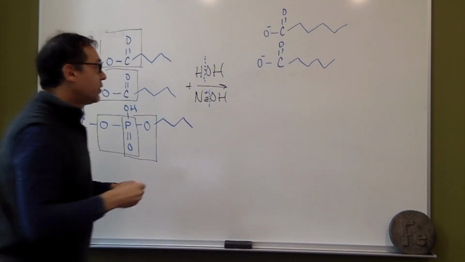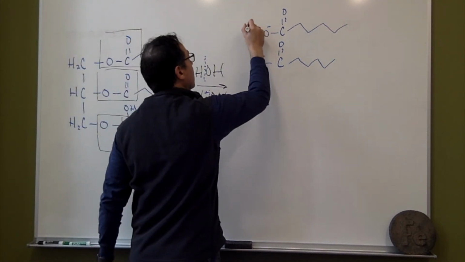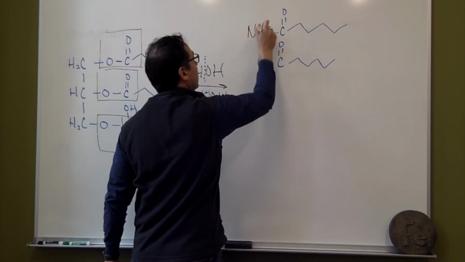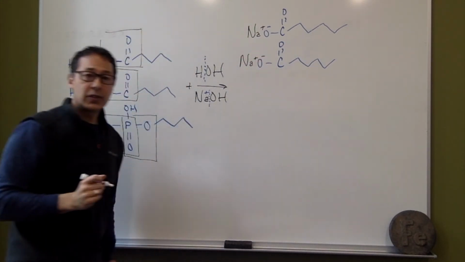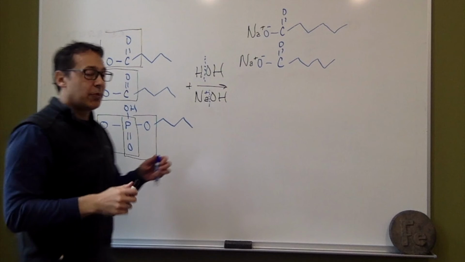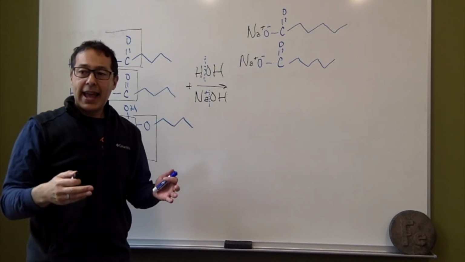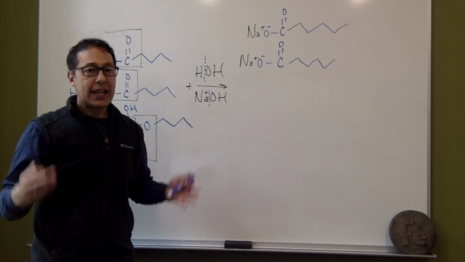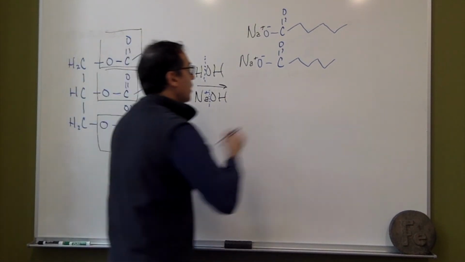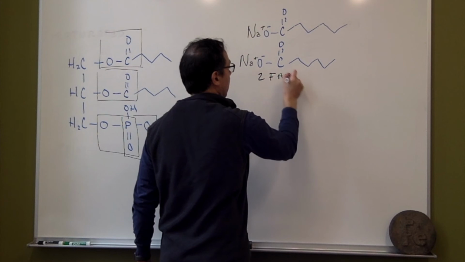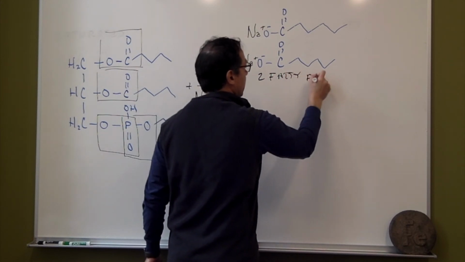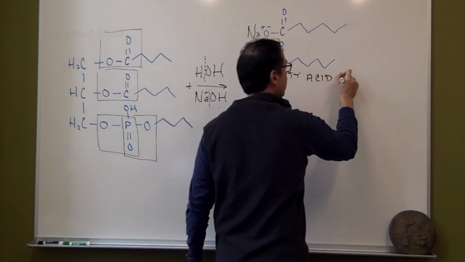So when that happens, we'll end up with sodium here, Na plus, Na plus. And then this, instead of being called a fatty acid, becomes a fatty acid salt. So I'm going to say 2 fatty acid salts.